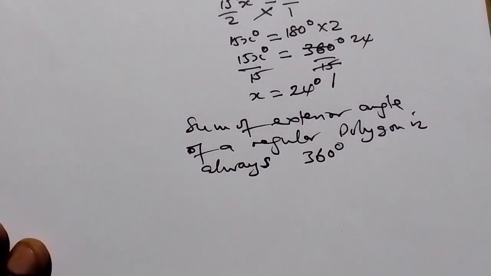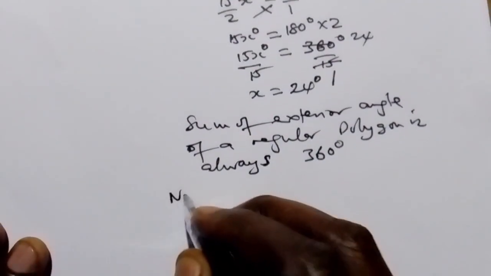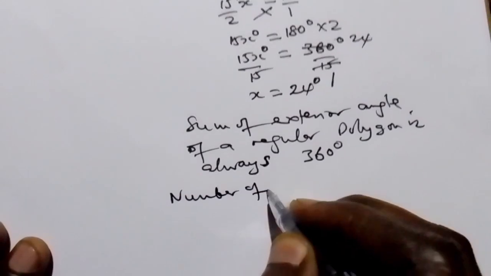Now we want to determine the number of sides of the polygon.